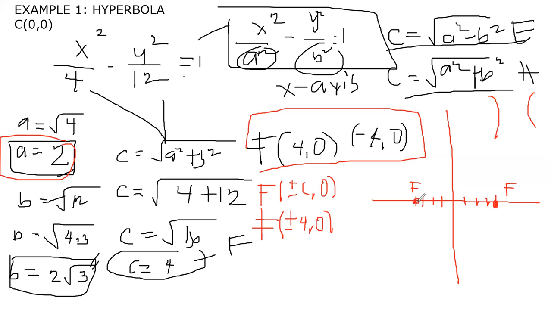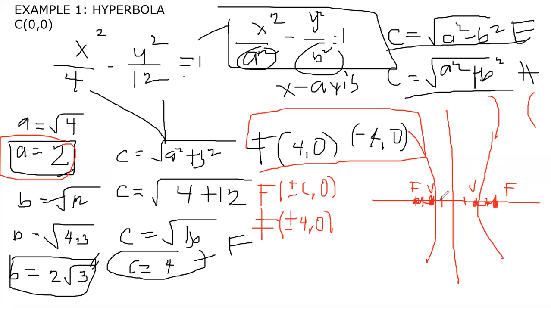So, therefore, atras tayo ng 2, that is 1, 2. So, nandito yung vertex natin, isa. And then, dito sa kabila is 1, 2. So, nandito yung isa nating vertex. Ito yung vertex natin. So, therefore, ang itsura ng ating hyperbola is ganyan, hindi nag-meet. Okay, ganyan yung itsura ng ating hyperbola.